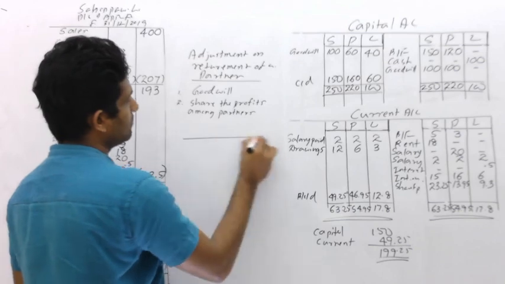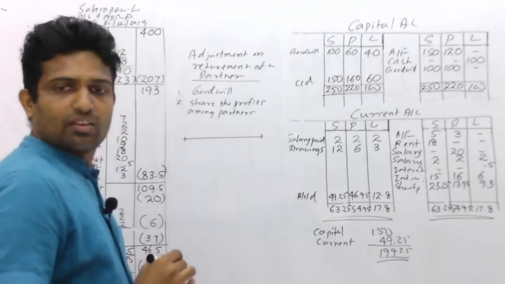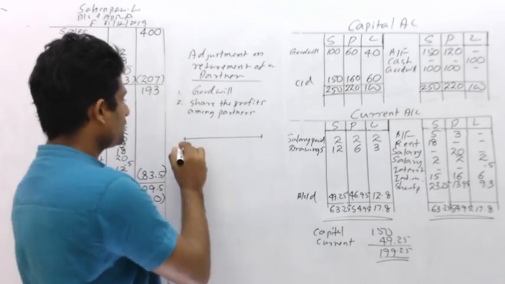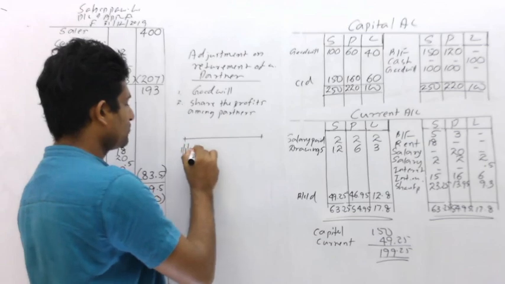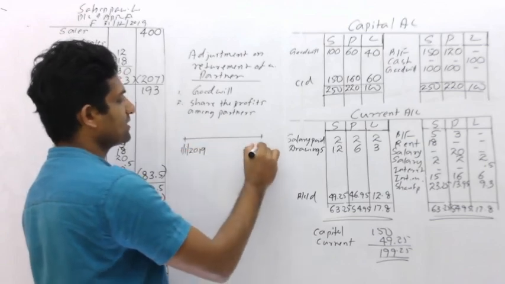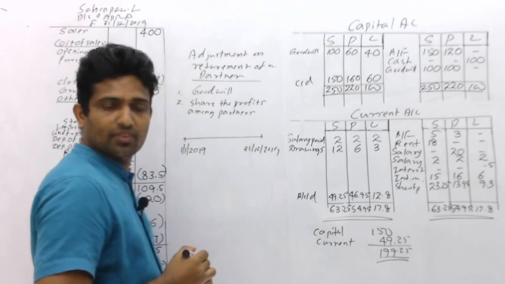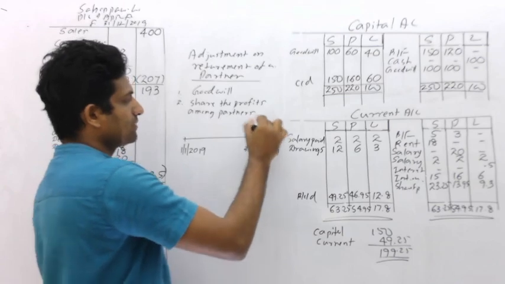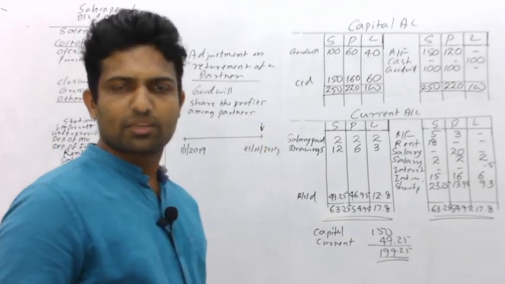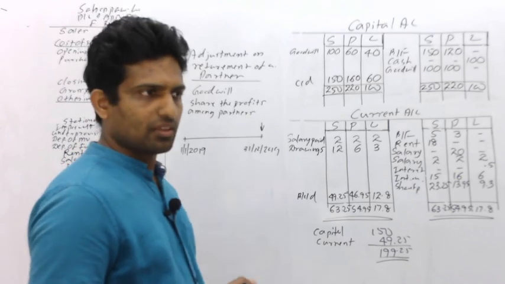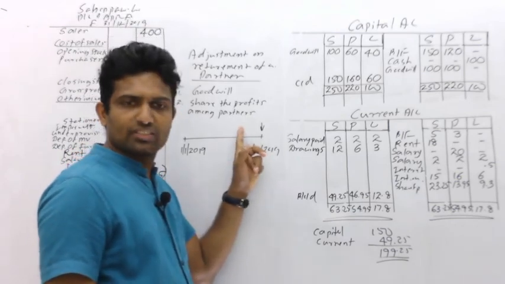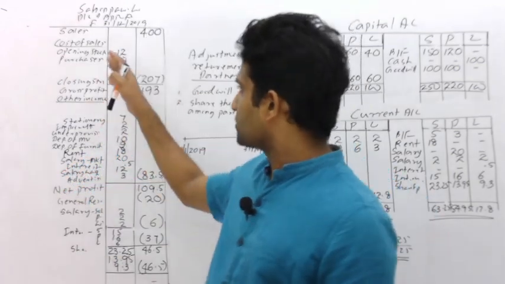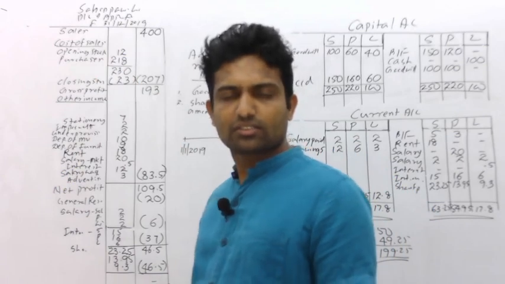Here also there is something to learn. I think you all remember the thing I discussed last week. This is the beginning of the year, say 1st January 2019, this is 31st December 2019. If the partner retires at the end of the year, keep listening properly, profit appropriation should be prepared for all the partners.